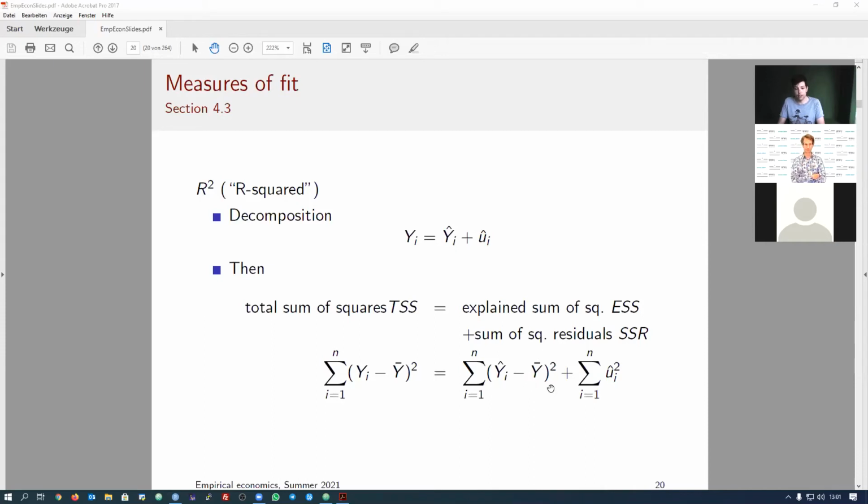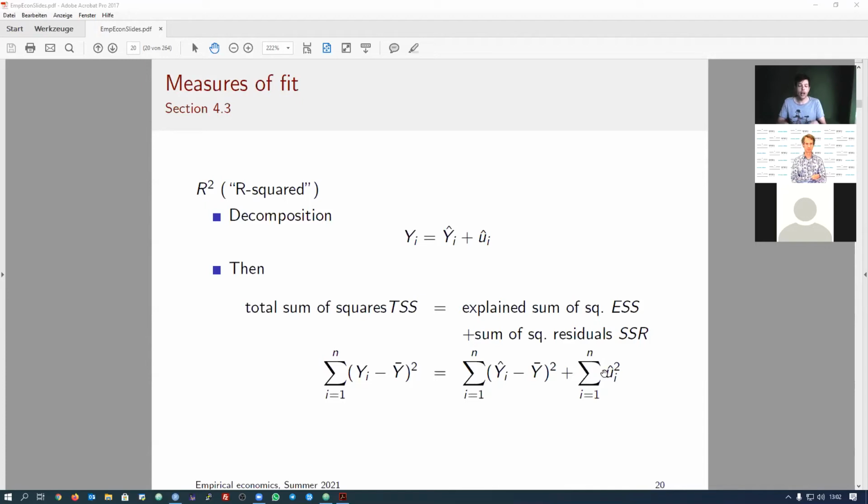Here it doesn't matter whether you put in y bar, the average value of the observations, or y hat bar, the average of our predictions, because they coincide; they are the same value. You can find that out by the very definition of OLS, for example by seeing that the average of our residuals is always 0 due to the optimization routine. Plus, on the right-hand side here, the sum of the squared residuals.